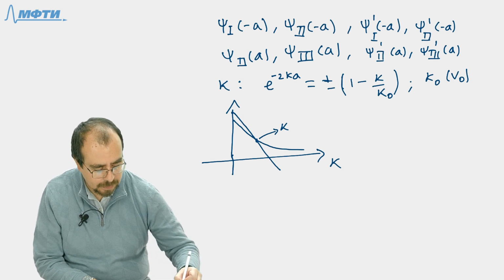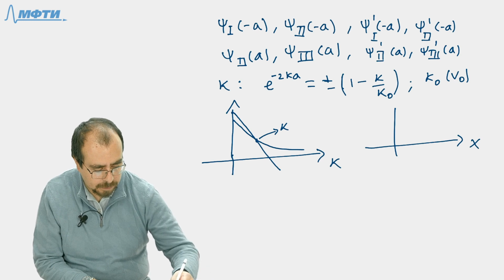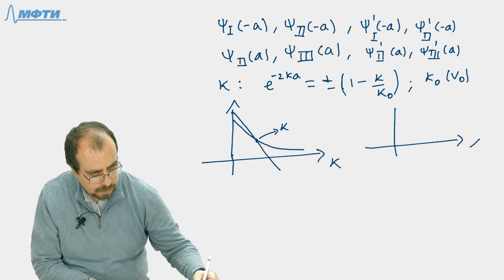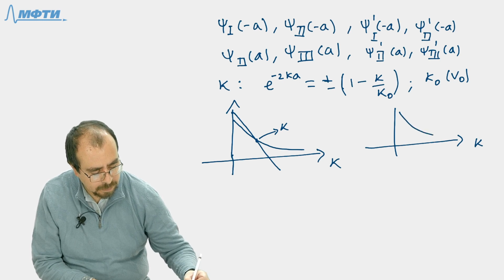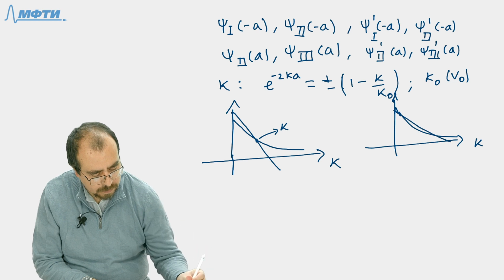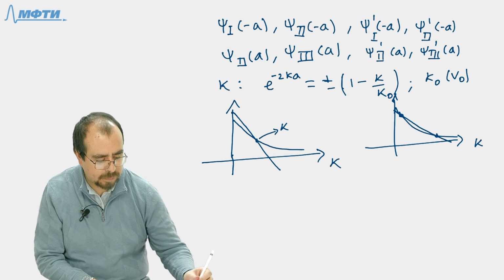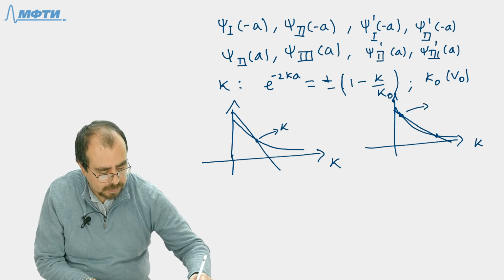But we can also have some other type of behavior. We have k here, and we have our exponential, and we can also have a line that touches the exponential very early, like here, and also here and here. So in this case, we will have two different k's that are solutions.